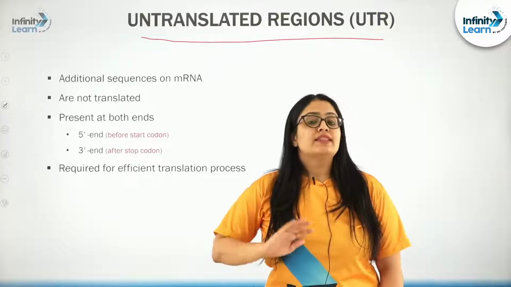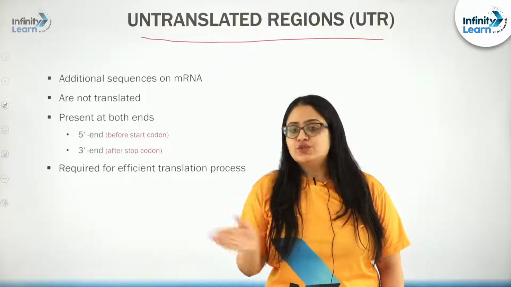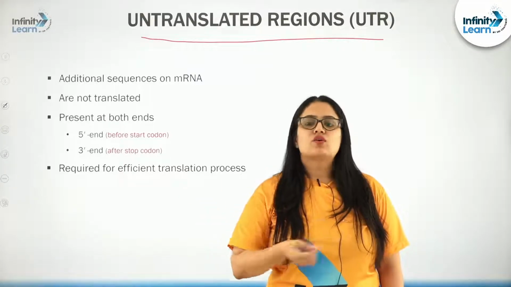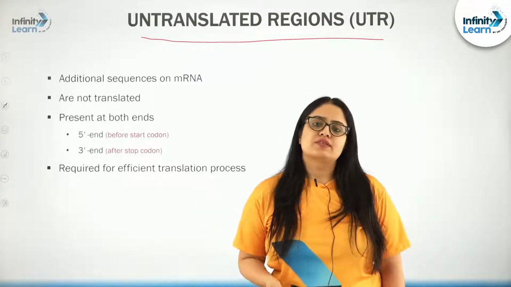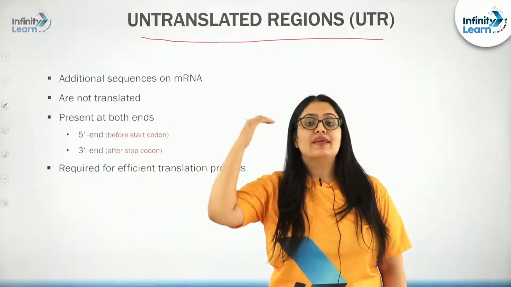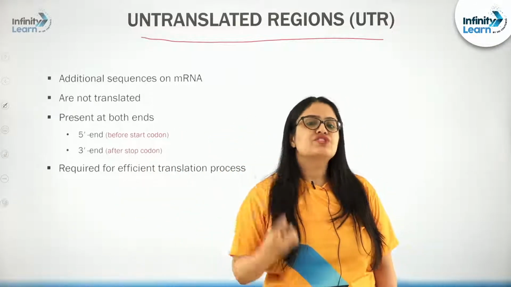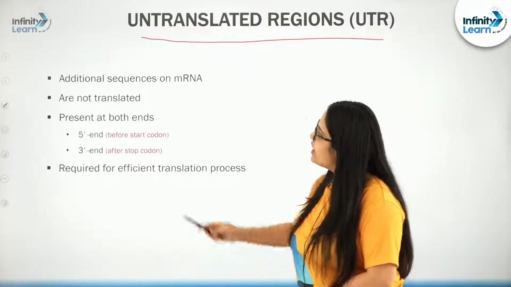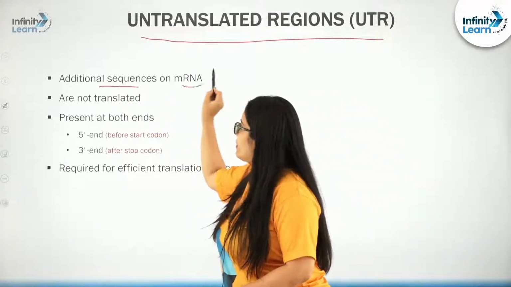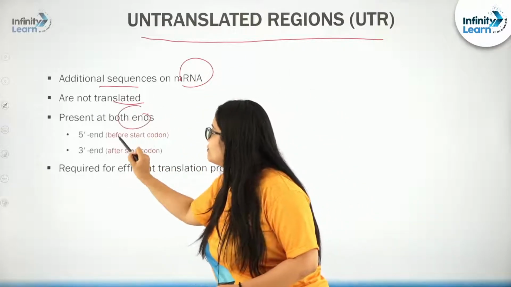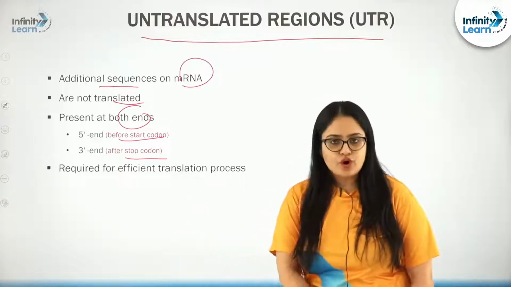Not to forget, they will not get translated during the translation process. That means the nitrogen bases present in them do not code for any amino acid, but they are important for the efficient translation process to take place. So what are UTRs? Additional sequences on mRNA. They are not translated, and are present on both ends, before the start and after the stop codons.